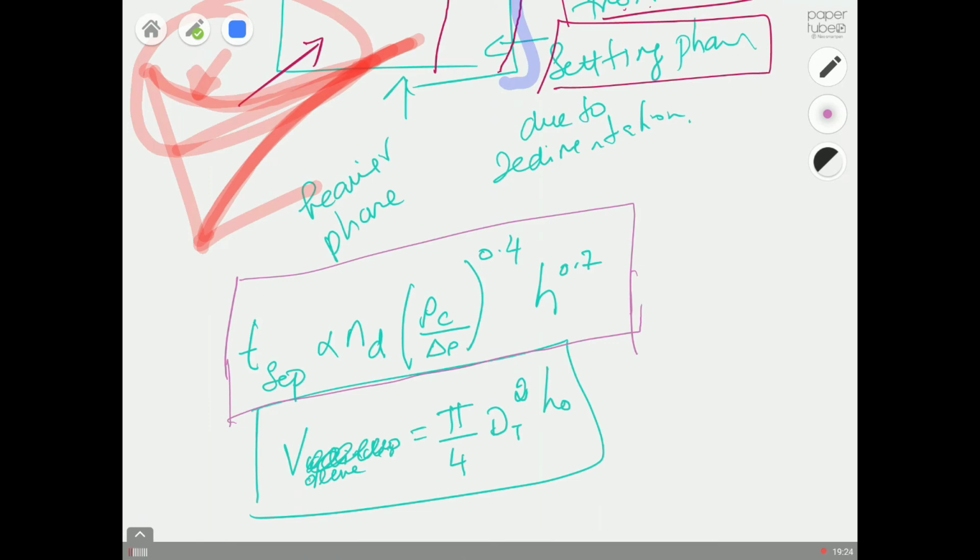They varied the dispersed phase. So this is the viscosity of the dispersed phase, and rho c is the density of the continuous phase.